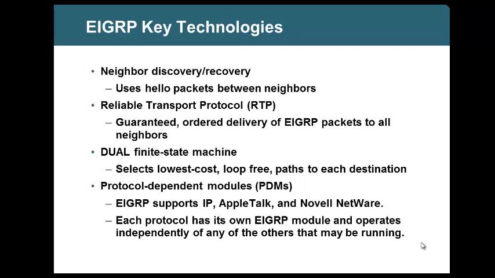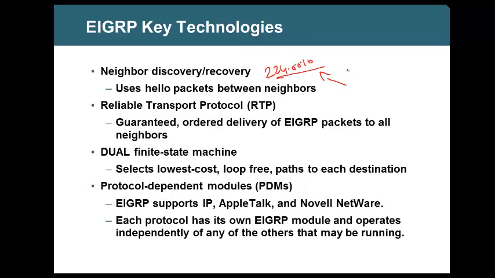Likewise, EIGRP will say hello using a multicast address, 224.0.0.10. Using this multicast address, hello packets are sent. Any packet sent to this address can be heard by all EIGRP routers.